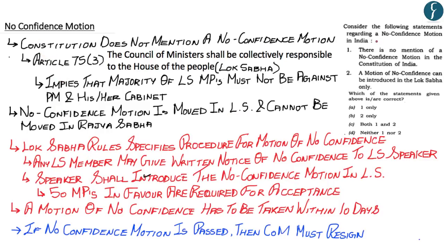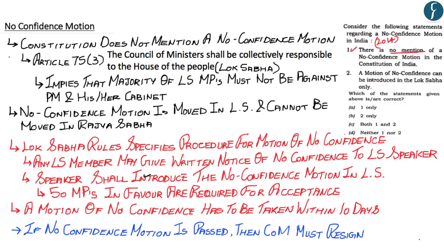Previously a question has been asked in the prelims of 2014, which asked to consider the following statements regarding a no confidence motion in India. The first statement states that there is no mention of no confidence motion in the Constitution of India. From this explanation, you understand that there is no mention of a no confidence motion in the Constitution of India, and therefore statement 1 is correct.